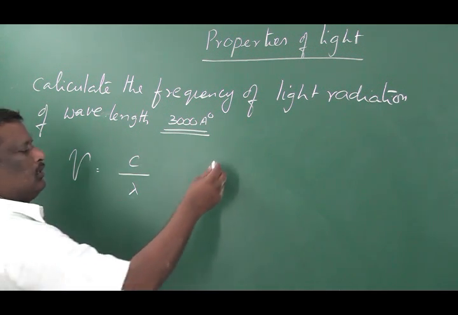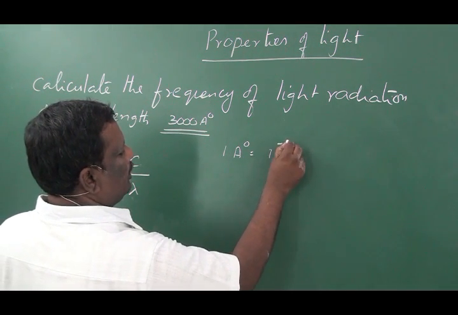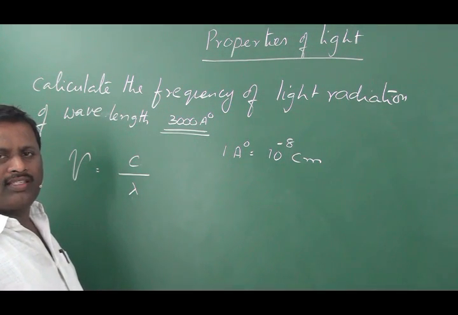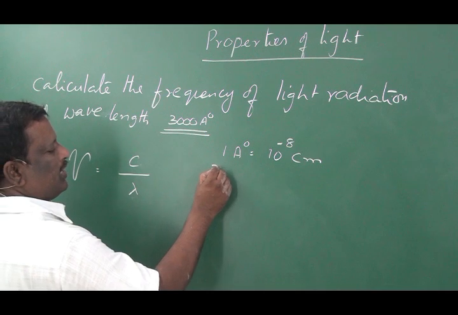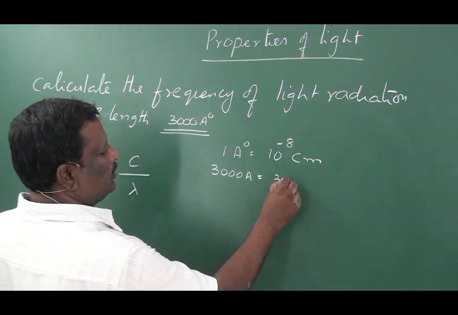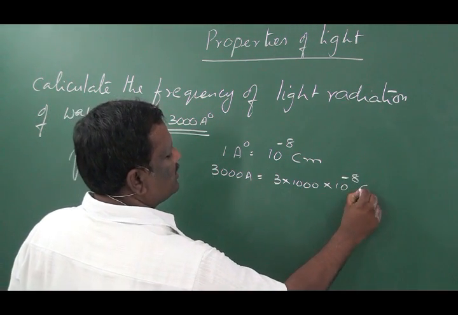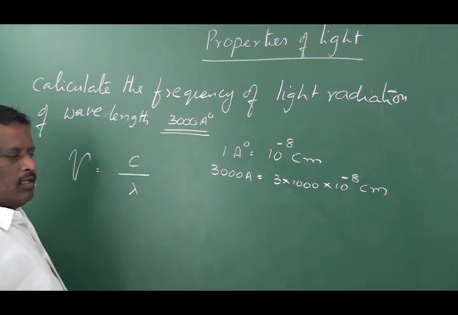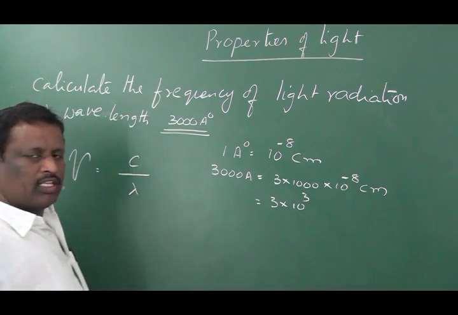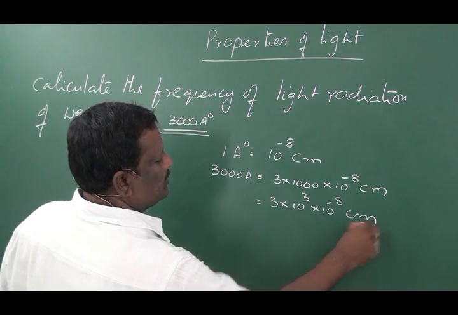We know that 1 angstrom is equal to 10 to the power minus 8 centimeters. Now, 3000 angstroms is equal to 3 into 1000 into 10 to the power minus 8 centimeters. 1000 is nothing but 10 cube, so it is 3 into 10 cube into 10 to the power minus 8 centimeters.